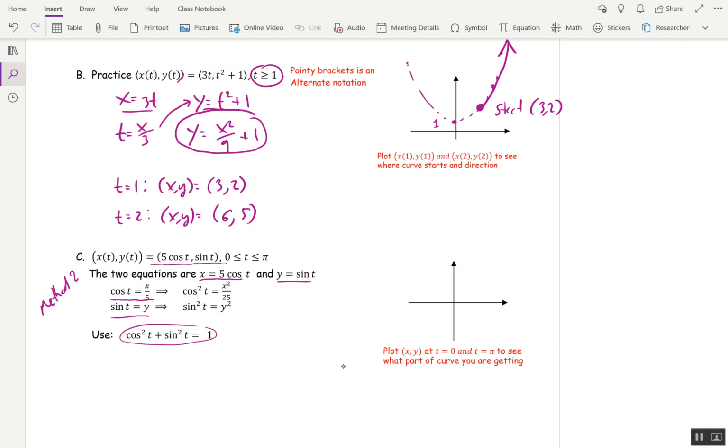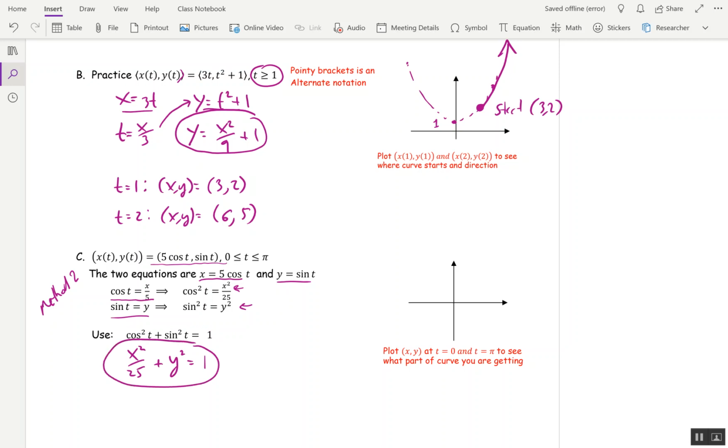So cosine squared is x squared over 25, and sine squared is y squared. So instead of cosine squared, I'm going to put x squared over 25, and instead of sine squared, I'll put y squared. There we go. There's your Cartesian equation.